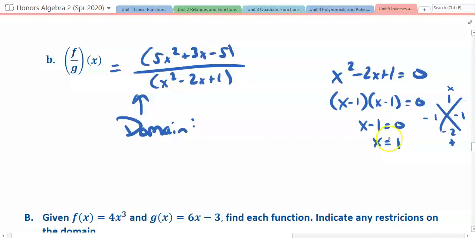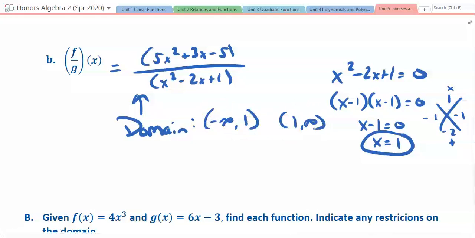But because I'm doing division, this value cannot be a part of my domain. And so what that means is I'm going to go from negative infinity to 1, and I'm going to go from 1 to infinity. And notice that I'm using parentheses at 1 and not a bracket here, because I can be as close as I want to 1, but I cannot be what value?